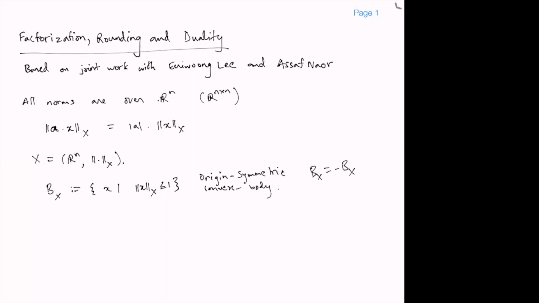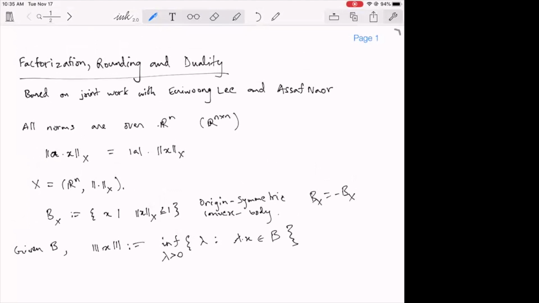The way to go in the reverse direction, given an origin symmetric convex body B, you define what's known as the Minkowski functional of B. We define the norm of a point x as the minimum scaling of B such that it contains the vector x.